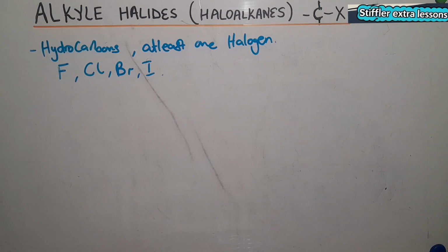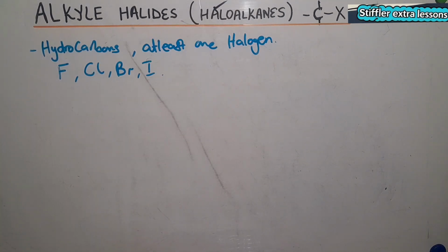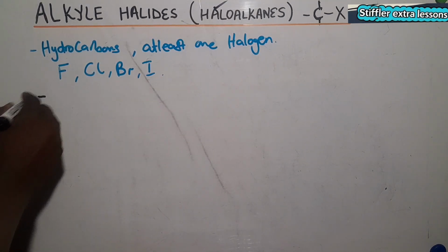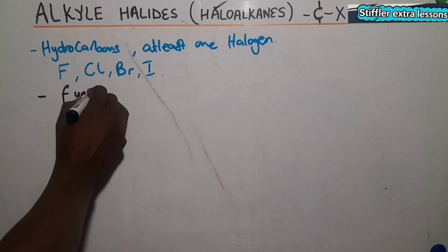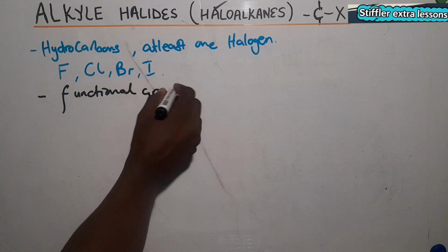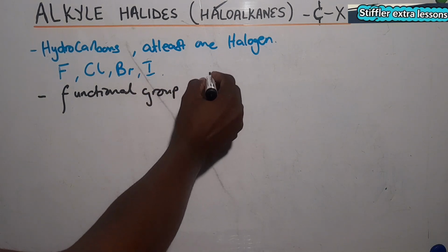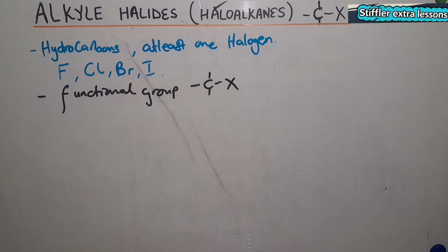So alkyl halides, as I indicated there, are also called haloalkanes, and their functional group is this, with the X representing a halogen, right?